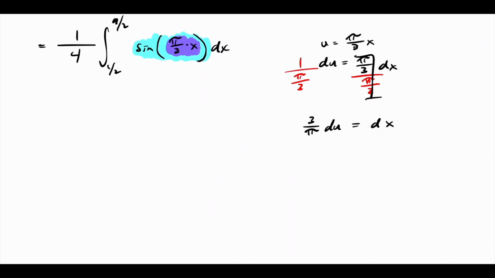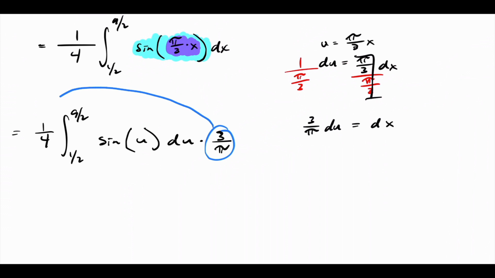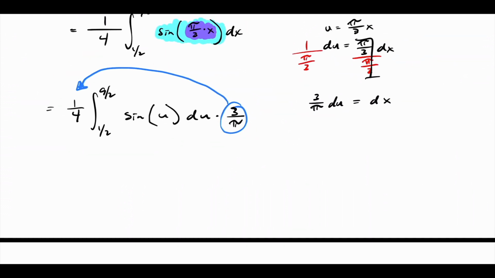Now I'm ready to plug everything back in. So I got a 1/4 in front. The bounds, I'm not worried about the bounds yet. I'll deal with those later. U is the angle. And I got to plug in 3 over pi. Well, 3 over pi is just a value. It's a constant, so I can move that in the front. That's not going to make any problems.